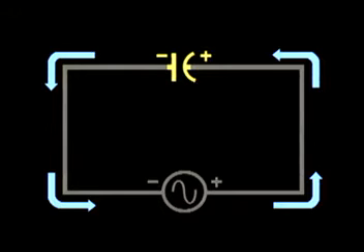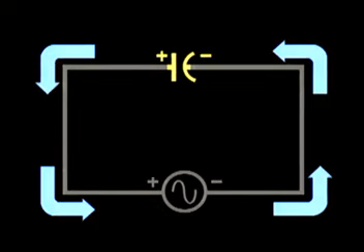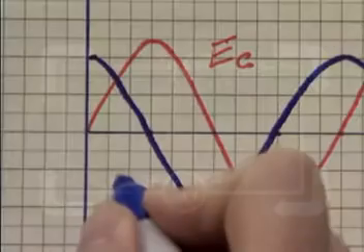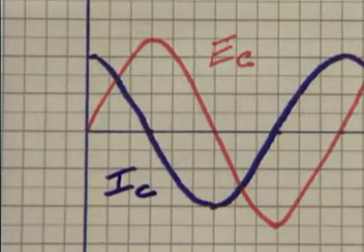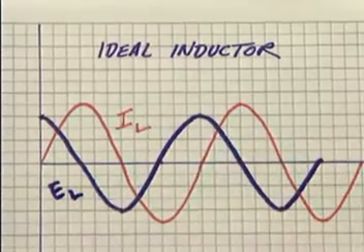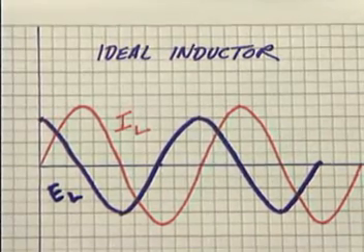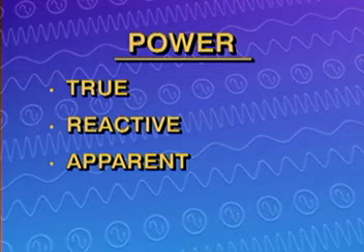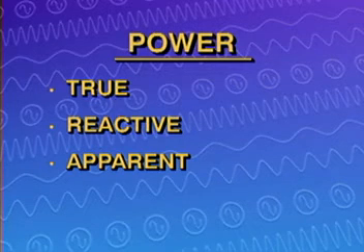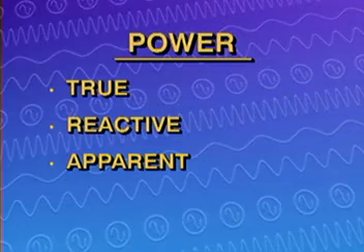In this video, you were introduced to reactance, which is the opposition to alternating current presented by capacitors and inductors. You were shown that in the capacitor, the capacitive current leads the voltage by 90 degrees, whereas with an inductor, the inductive current lags the voltage by 90 degrees. The differences between true power, reactive power, and apparent power were also examined.